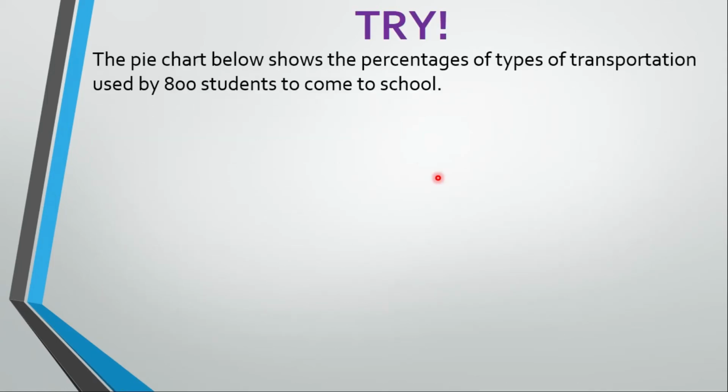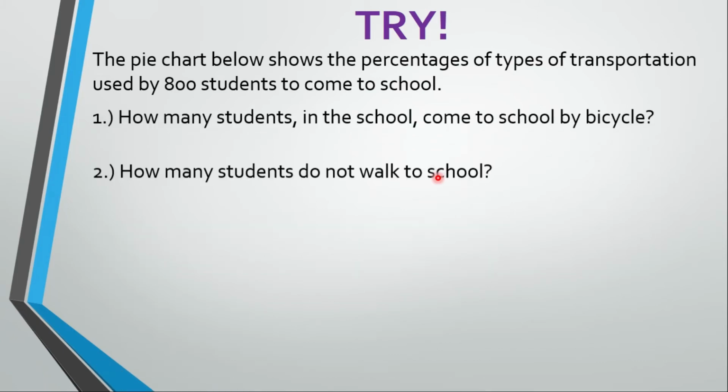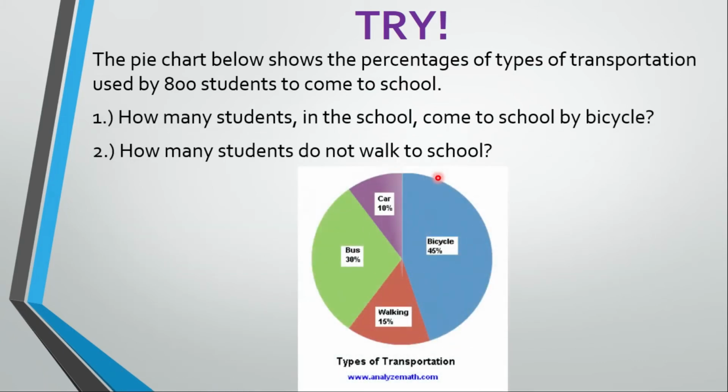So, let's try. The pie chart below shows the percentages of types of transportation used by 800 students to come to school. So we are going to answer the following. Using this pie chart, how many students in the school come to school by bicycle? So ang tinatanong dito ay yung bilang ng students, hindi yung percentage.